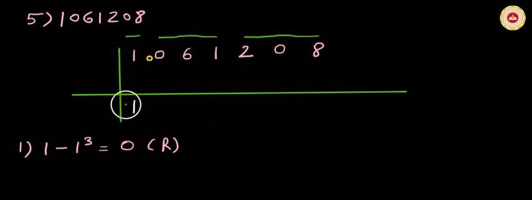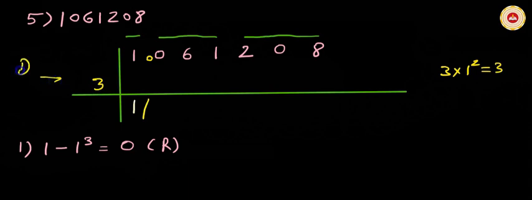Now let us find the divisor. First of all, let us separate this from the rest of the quotient digits. How to find the divisor? 3 multiplied by the first digit squared, that is 1 squared, is 3. So 3 is the divisor. This is digit A, the first digit. How did we calculate this 3? 3 multiplied by A squared.